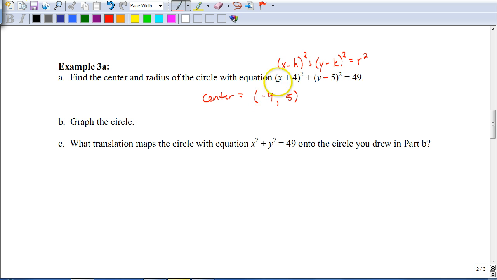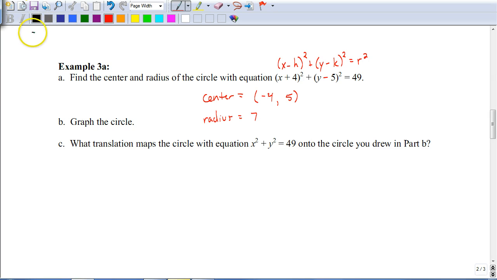Because if I put -4 in here, x minus -4 gives me x plus 4. And if I put 5 in here, y minus 5 would give me y minus 5. And going over here, we would just take the square root of 49 to figure out what r is. So the radius would be 7. And that would be your answer.